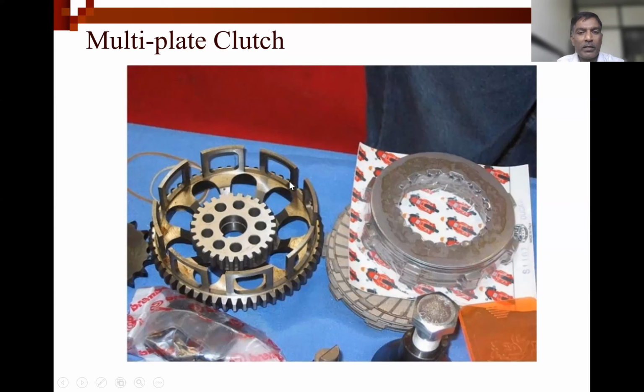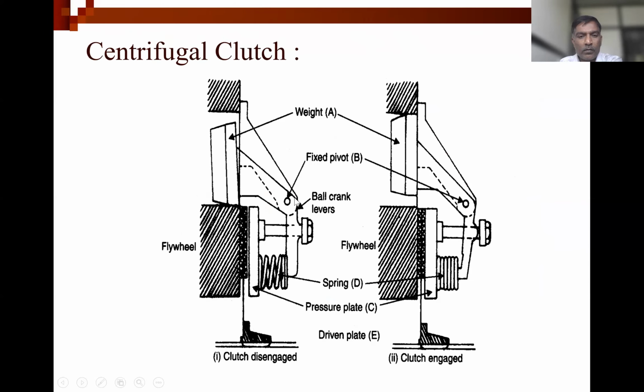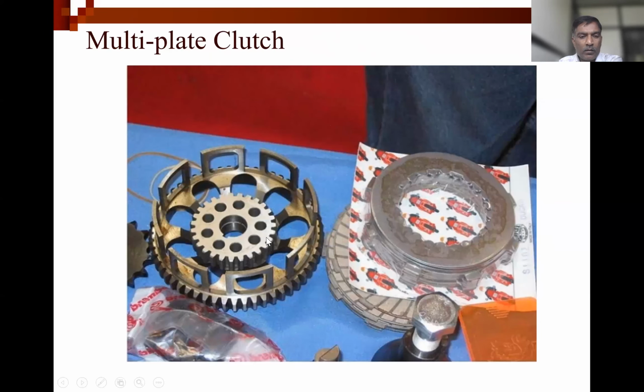Is the slide of the multi-plate clutch visible? Okay. The housing: this one is the housing, and inside this are the friction plates and the metal plates. That we have already seen in the video.